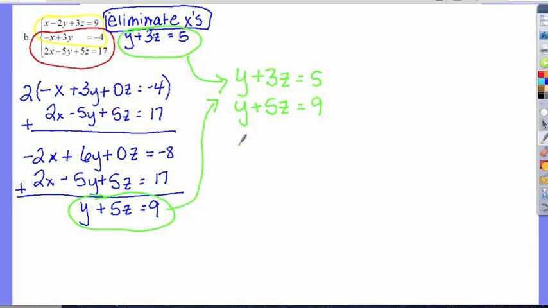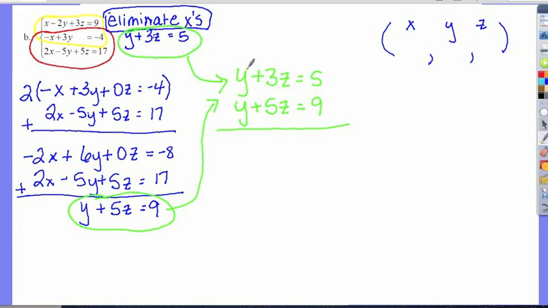And I want to continue solving this so that I can find out, well, I'm going to go ahead and set this up over here. You know that we're going to have an x and a y and a z, and I haven't found any of them yet, but I'm getting close.